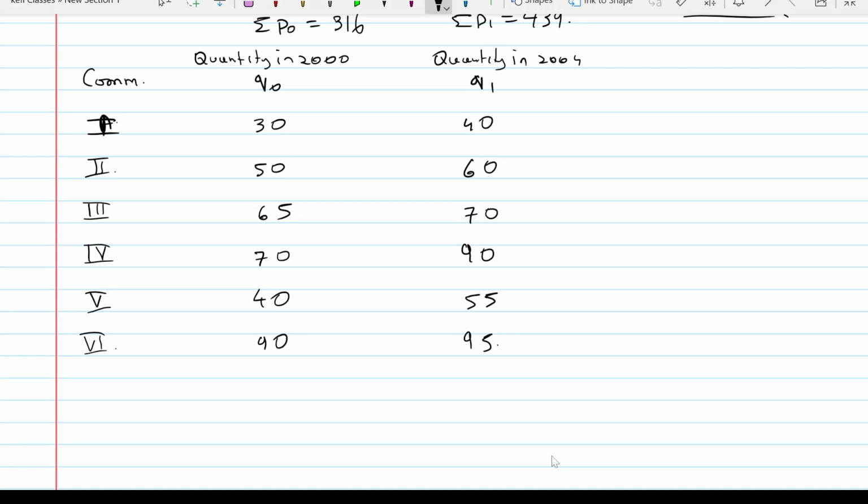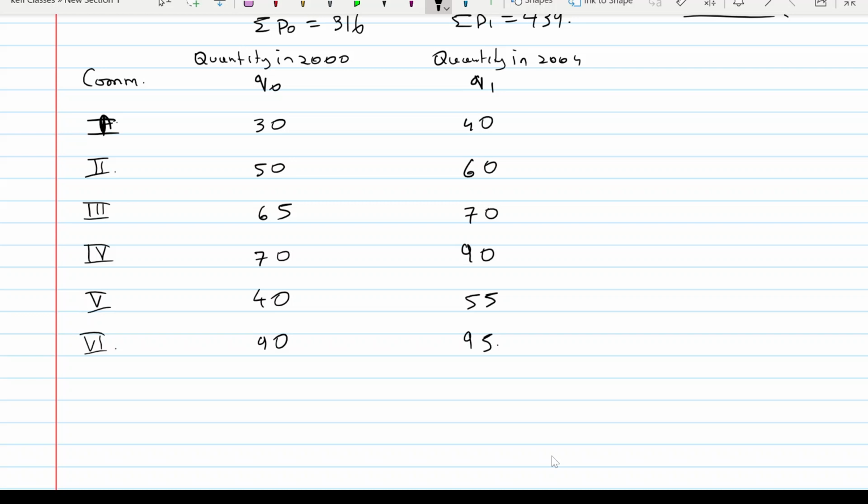Find quantity index number first. Quantity index number formula क्या रहेगा?